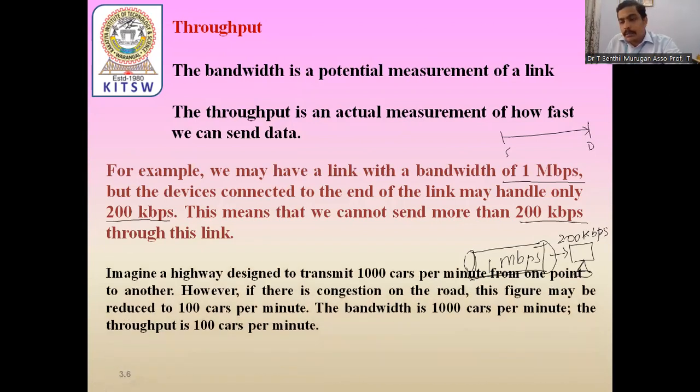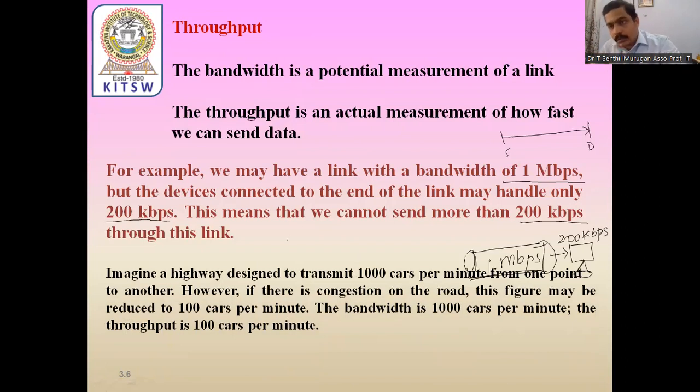Or for example, a highway is designed so that 1000 cars per minute can move. The capacity is 1000 cars per minute. But normally only 100 cars per minute move. Why? Due to congestion.